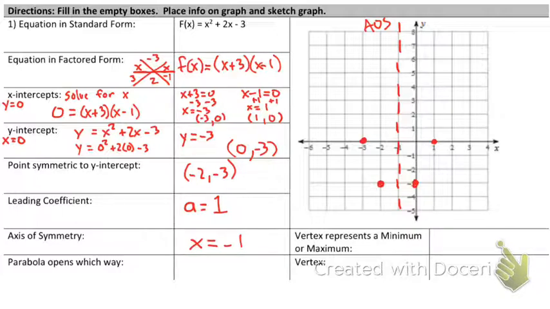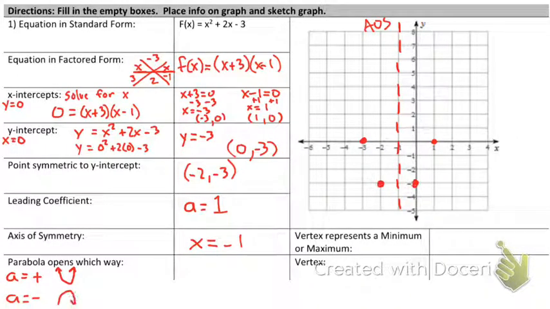Okay. Now, because our A value is positive, this lets us know which way our parabola opens. If our A is positive, our parabola opens up. So it has this shape. If our A is negative, it's a sad face.